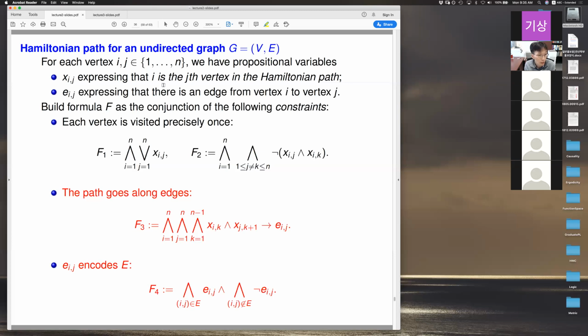The point I'm making is that many problems can be encoded into the SAT problem in propositional logic, and can be solved by existing SAT solvers, such as Z3 or some other things. But the key step in this encoding is to figure out how to use propositional variables to correctly express key properties of the original problem.